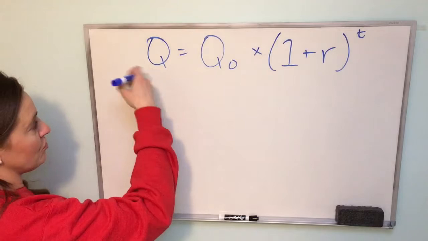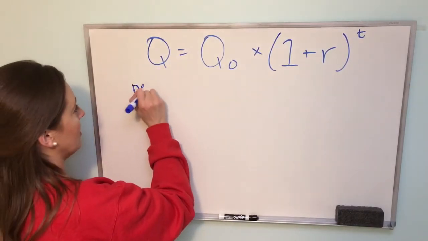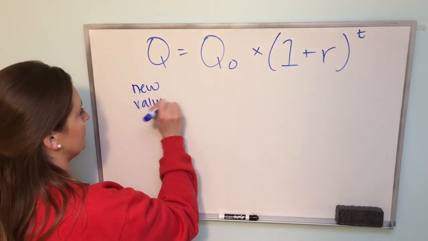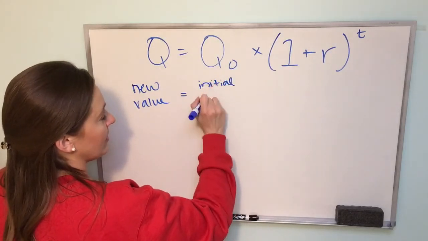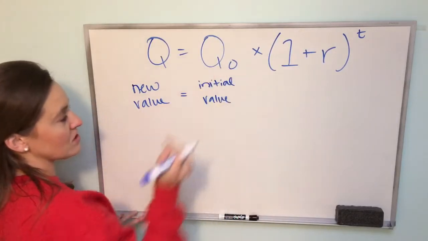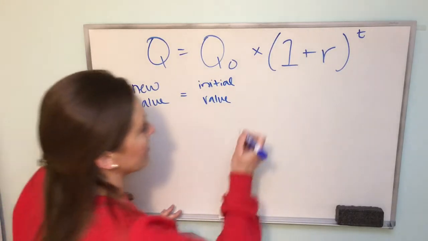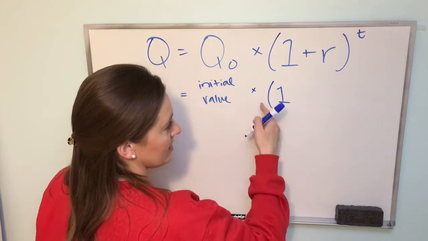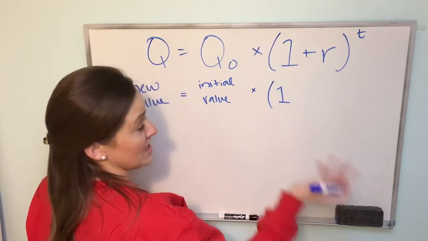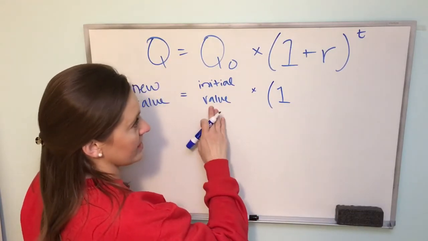This is our new value that we're looking for. This is our initial value, where it started. What did we start with? How many people did we have? Then this is times. This is just the number 1. It's a constant. It represents 100% of this.